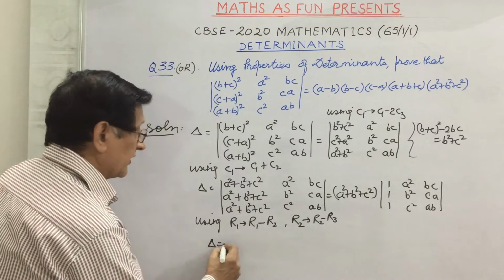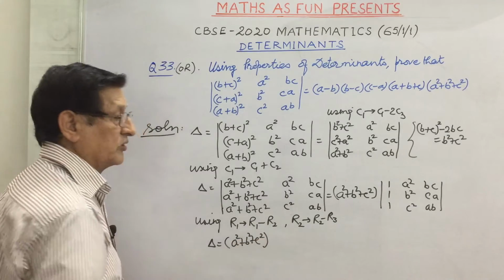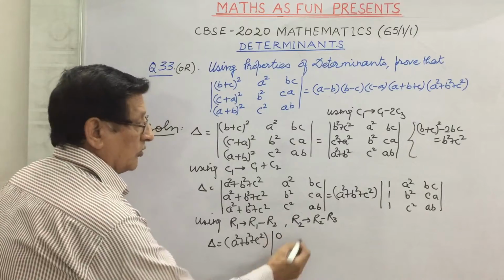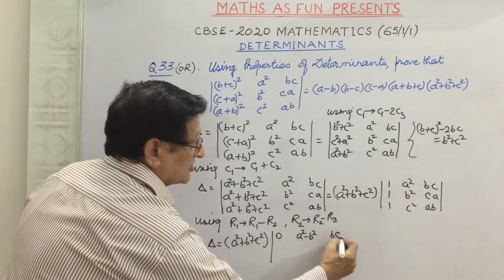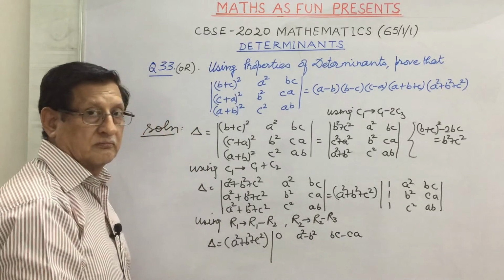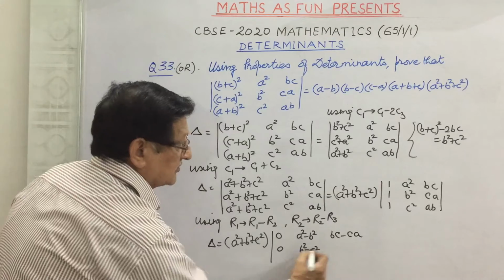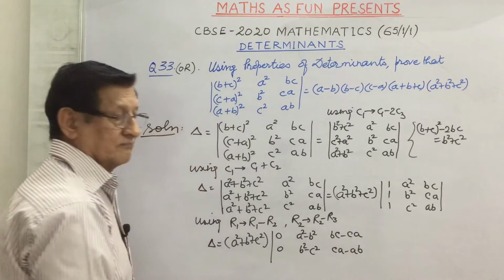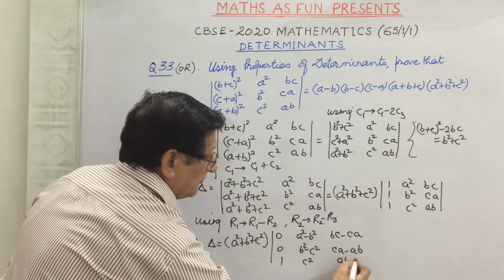We will be getting delta is a square plus b square plus c square into 0, a square minus b square and bc minus ca. This will be 0, b square minus c square, ca minus ab, and here it is 1, c square, ab.